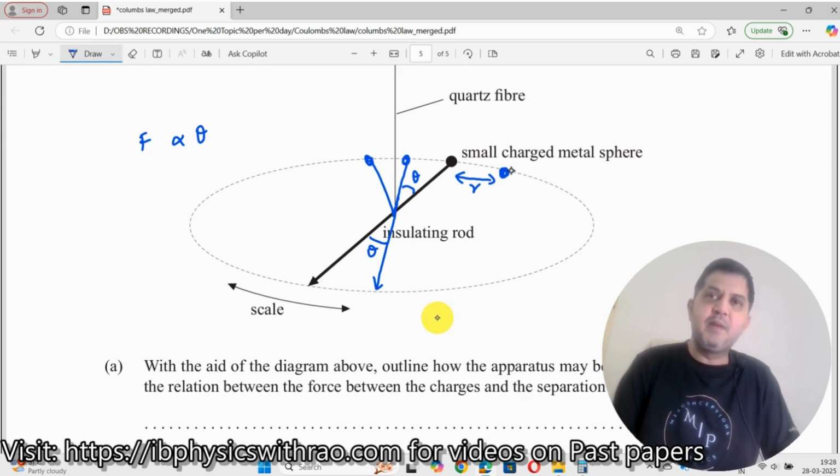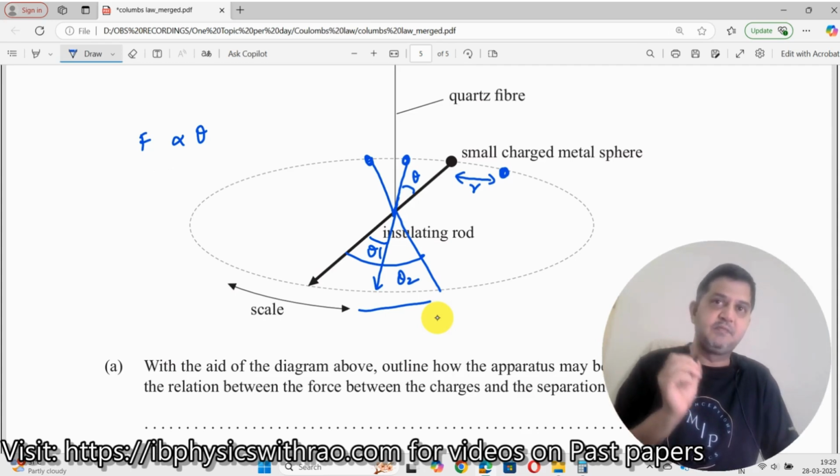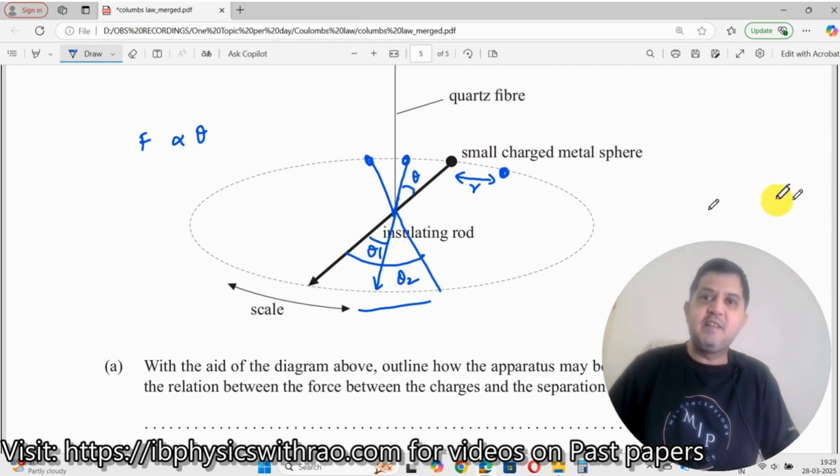If you bring a larger value of charge over here, then definitely this will get deflected like this, and the deflection would be seen here. From here to here, I am going to measure. So this could be theta 1, this could be theta 2, and thus you can say F is proportional to theta. Larger the force, larger the angle. That's one thing. Then what else can you do?